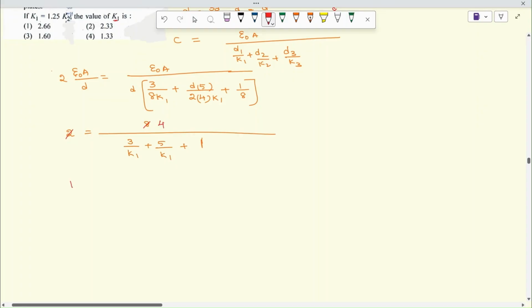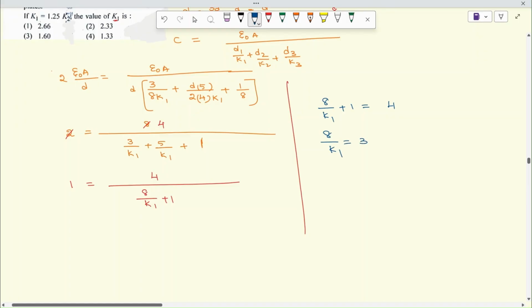On the left side 1 is equal to 4 by 3 by k1 plus 5 by k1 is 8 by k1 plus 1. Okay. Now simplify this. 8 by k1 plus 1 is equal to 4. So 8 by k1 is equal to 3.